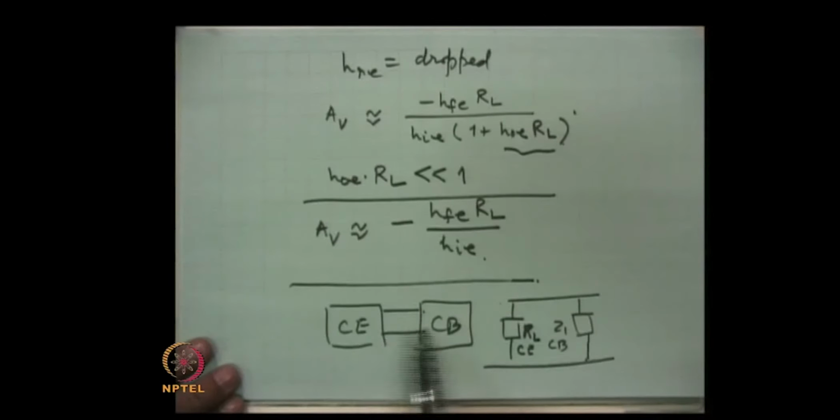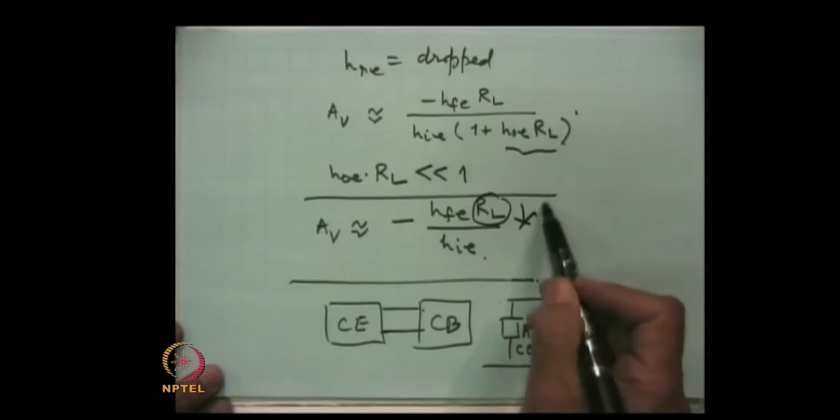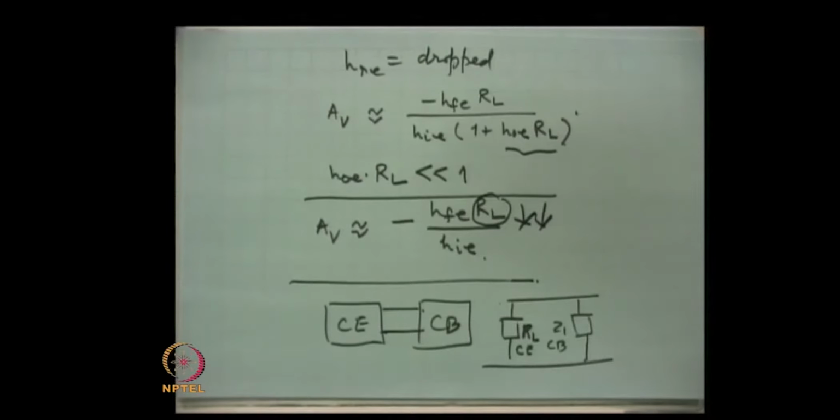But when we make a multi-stage amplifier, and we connect a CB stage, then the effective load will be drastically reduced, and if the effective load falls very much, the performance of the CE amplifier will be very much affected.